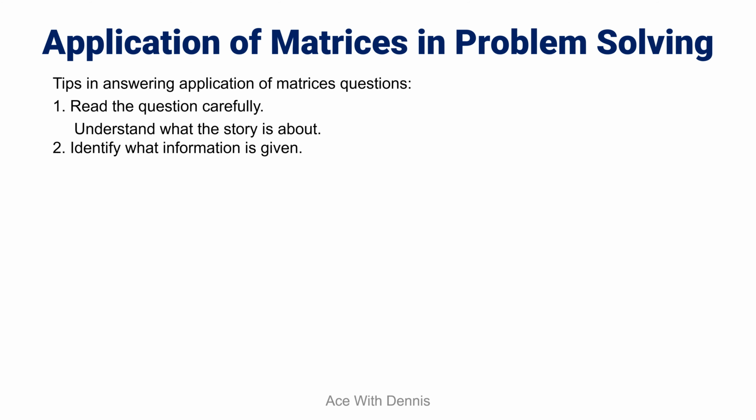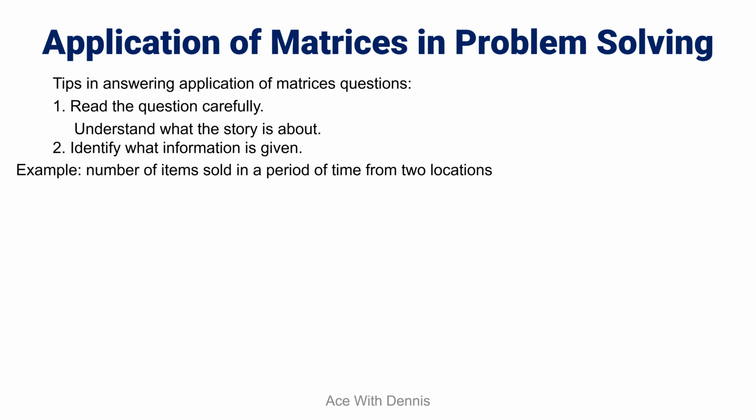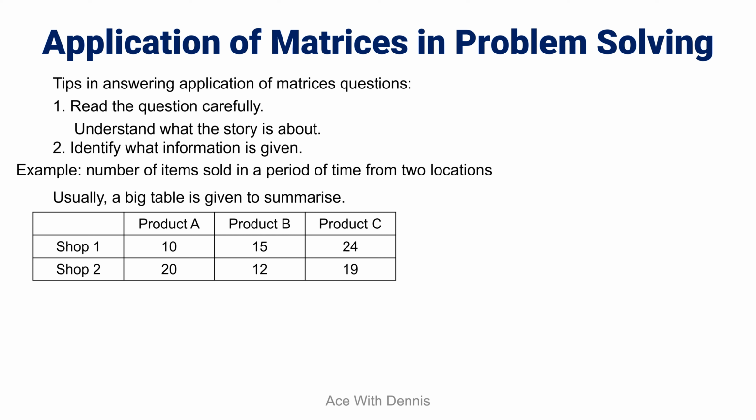Tip number 2. Identify what information is given. Here is an example. Given the number of items sold in a period of time from 2 locations, usually a big table is given to summarize, which looks like this. As you can see, we have product A, product B, product C, and shop 1, shop 2.